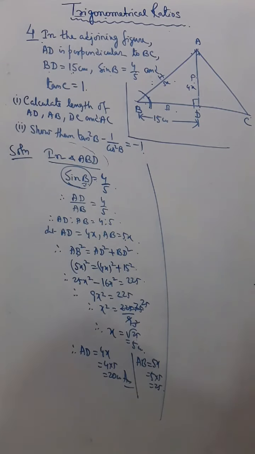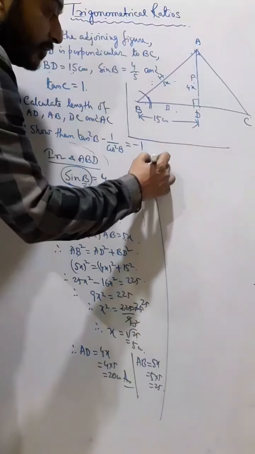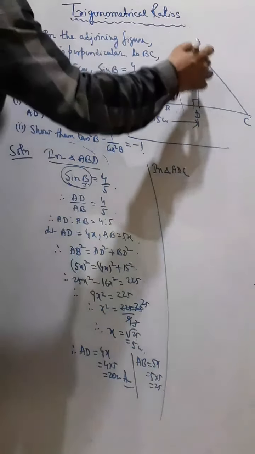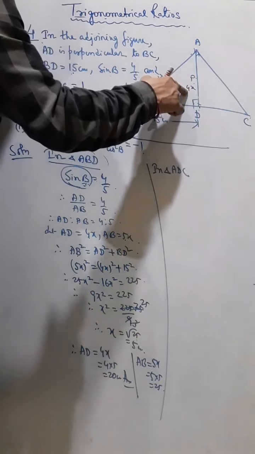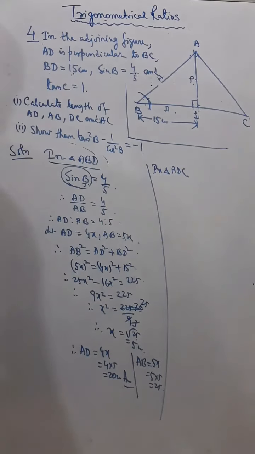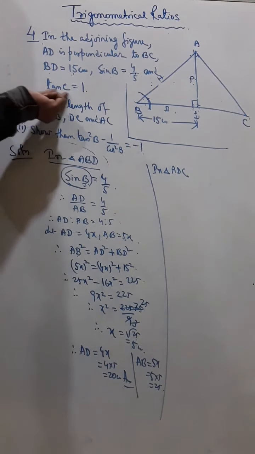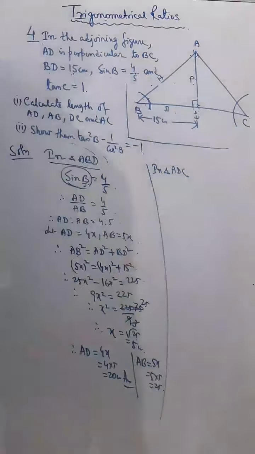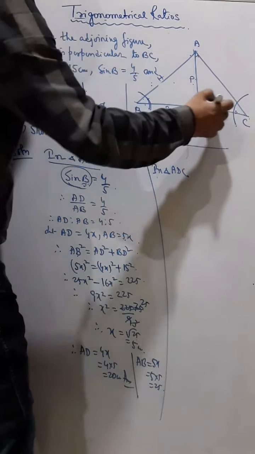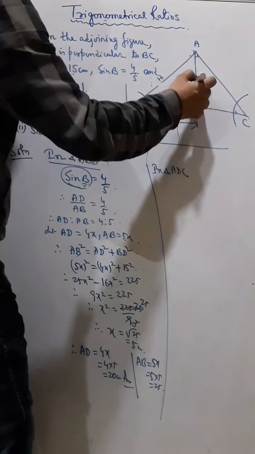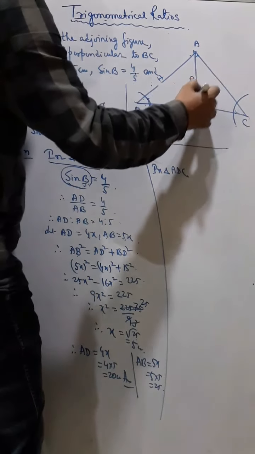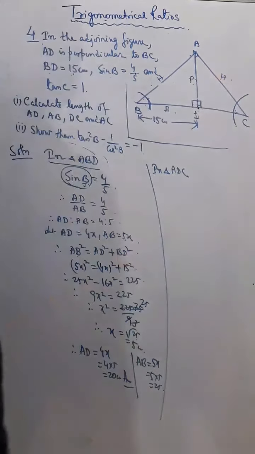Now I will say that in triangle ADC, you can understand that when I am using this triangle, this 4x is not for this AD. So again we have to do the similar method but we will use tan C now. With respect to this, this is x, this is perpendicular, this is 90 and this is hypotenuse.